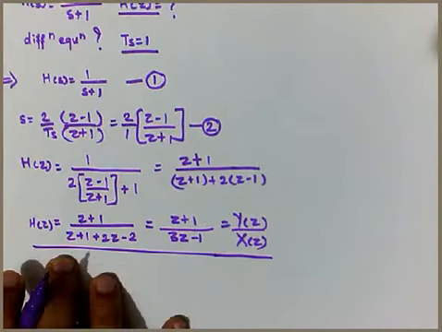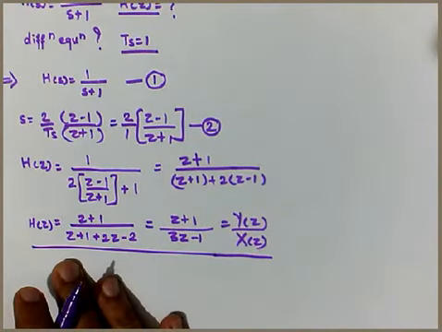So to get y of n, obviously we need to obtain, first of all, y of z.